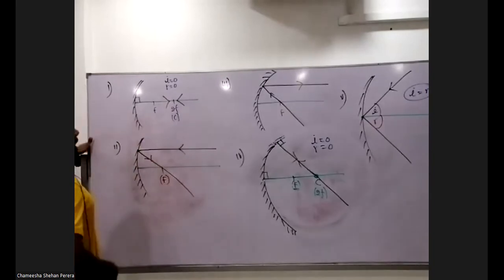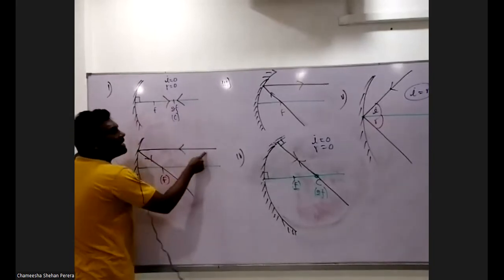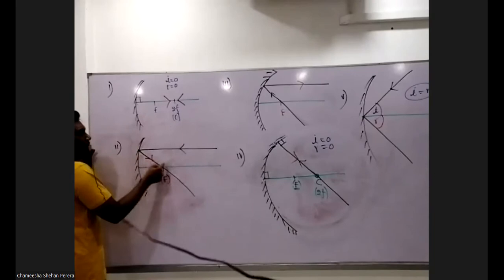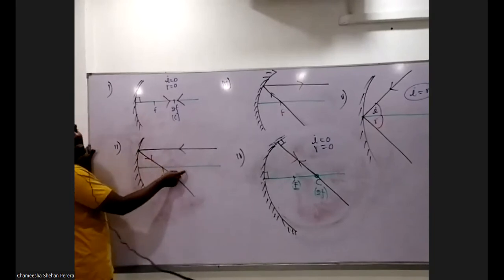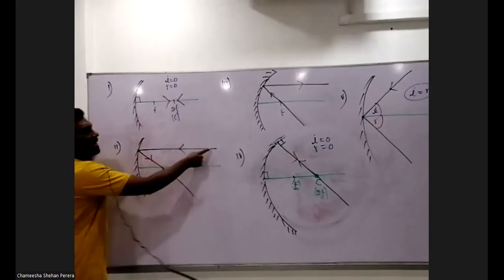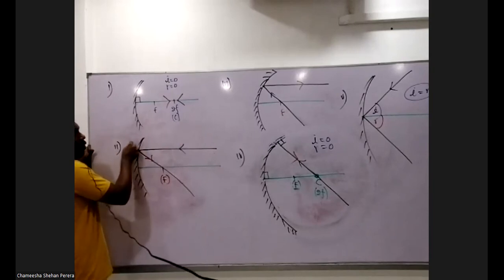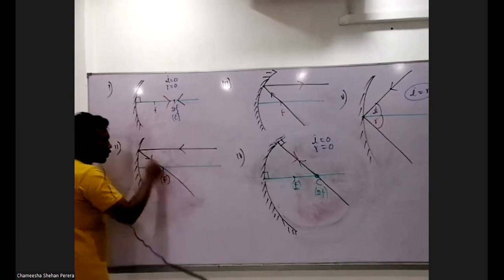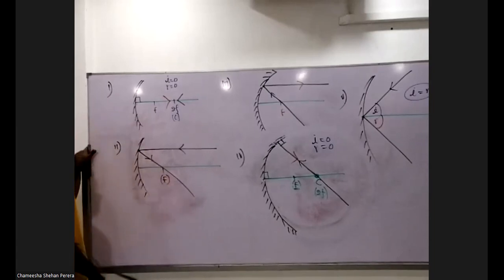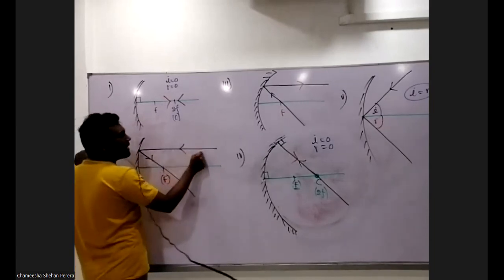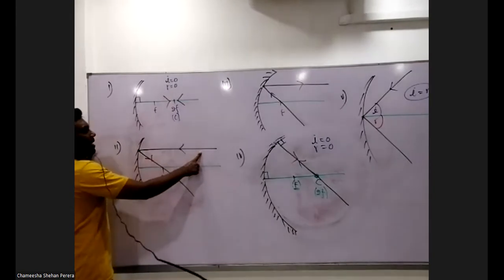Number two: if an incident ray reaches the concave mirror parallel to the principal axis, after the reflection it goes through point F on the principal axis.